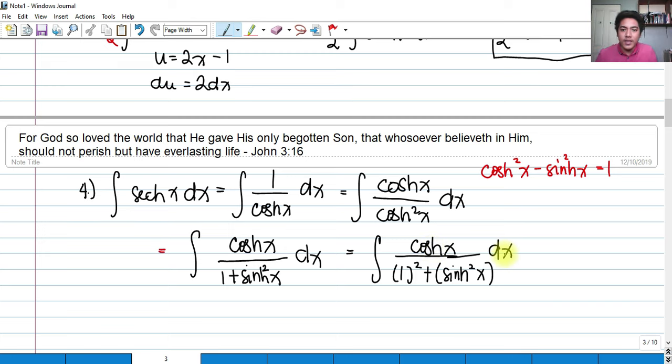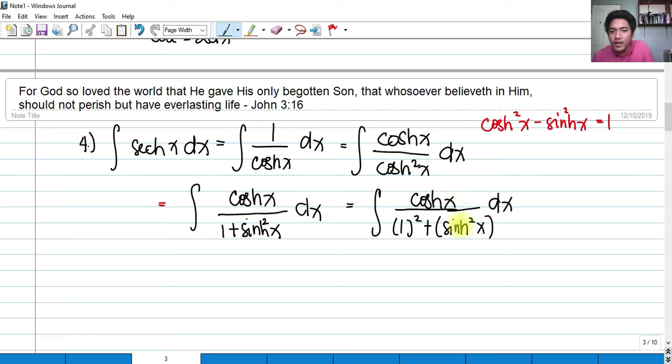We can see that this is an integral yielding an inverse trigonometric function. It is in the form of dx over 1 plus u squared, or a squared, and this integral is actually yielding an inverse trigonometric function.